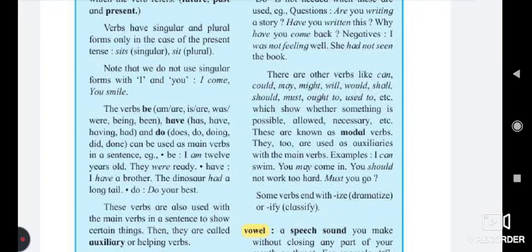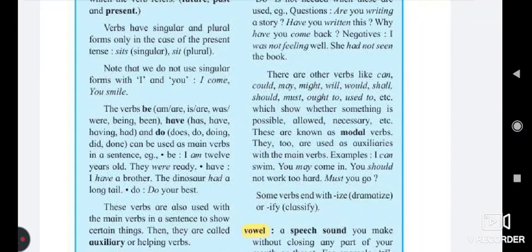Here am is the main verb. Then they were ready. I have a brother. The dog had a long tail.